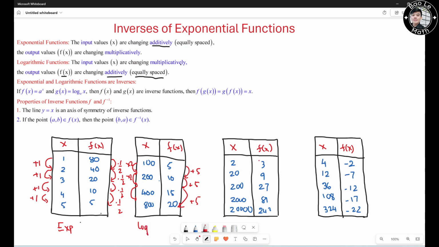Now let's take a look at the third one. We see that the x values multiply by 10 each time to get the next value. The y values multiply by 3 each time to get the next value. So this is neither.